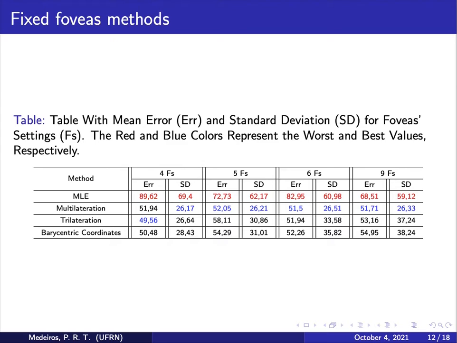These results show that the mean error of the position estimated by multilateration, trilateration, and barycentric coordinates is more accurate than the maximum likelihood estimator. Furthermore, we can observe that the standard deviations of the multilateration errors for the 4 settings show little variation because this approach uses all fixed foveas to estimate the target position.